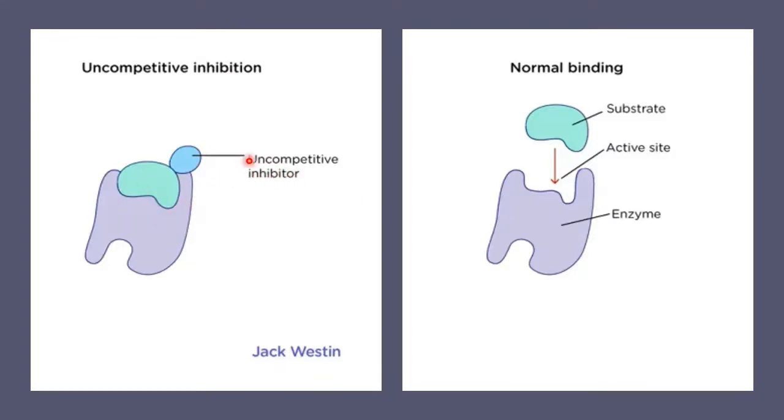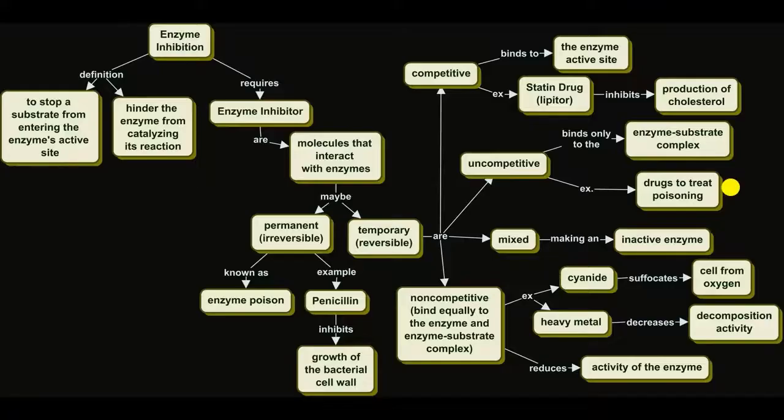This is the normal binding between the substrate and the enzyme. An example of this uncompetitive inhibitor is the drug that is used to treat poisoning. The other one is the mixed enzyme inhibition. This type of inhibition will only make the enzyme inactive for a while.